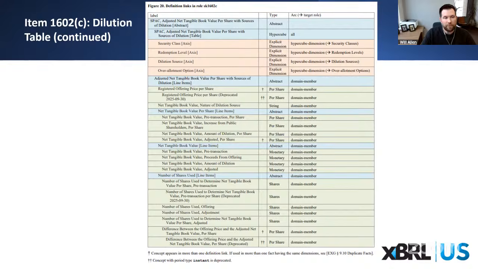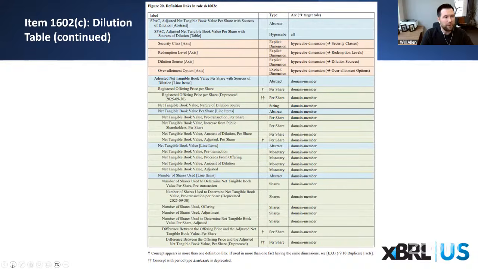So that's the table text block we're going to use for this table. And then in the peach again, you've got your 4 different axes. So those are the different essentially dimensions that we will be applying to this table. And then all of the green below that are the concepts that we would use.